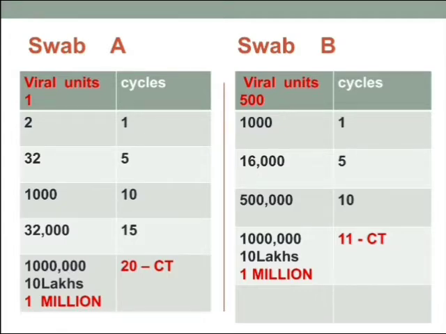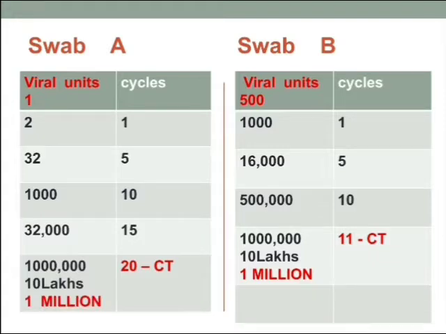And it goes on, and 1 million copies of the viral units are made with 20 cycles of the RT-PCR machine. So the CT value on the left side for swab A is 20. And it has a very low viral load of 1.